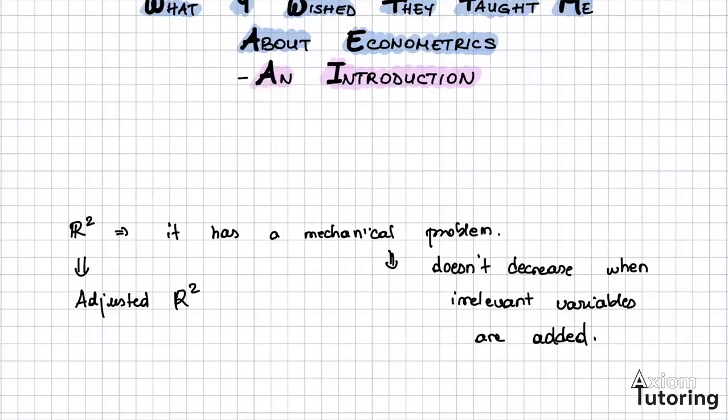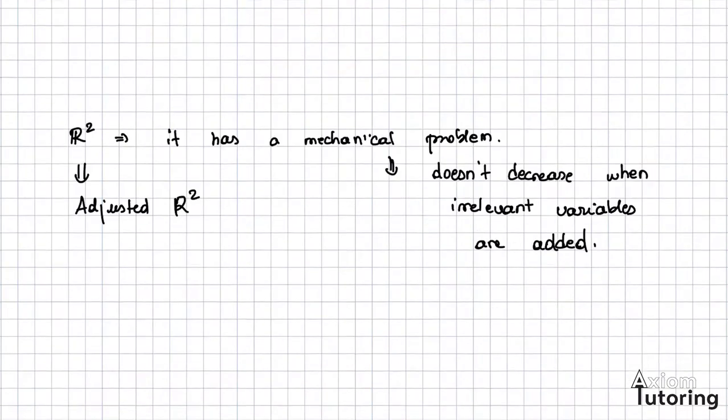But that's not good econometrics, because we want models that explain variation without overfitting, a model that describes the relationships that we are trying to investigate. And this is where adjusted R squared comes into the picture and tries to fix this mechanical problem introduced by the R squared.